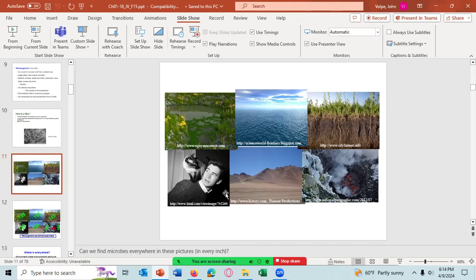How about in the desert sands of the Sahara? You have microbes? Yes. Where in this picture would you not have microbes? I'll tell you, that's a volcanic vent there. That's lava.